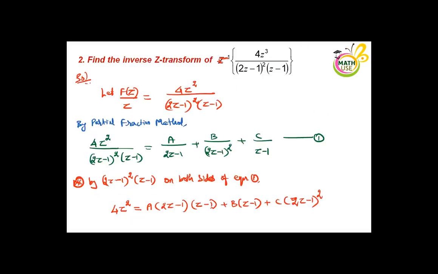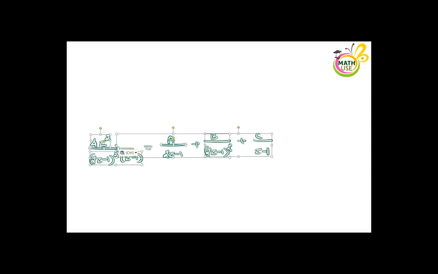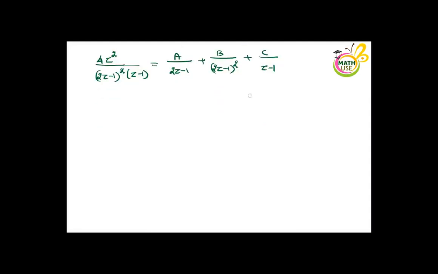In equation number 1, we have this. Consider this equation 1, which is equal to, your A value is minus 6 divided by (2z − 1).